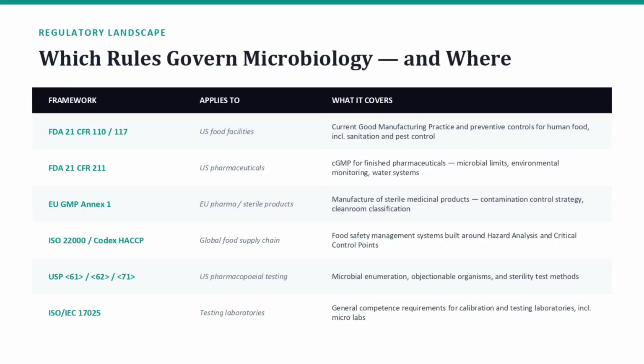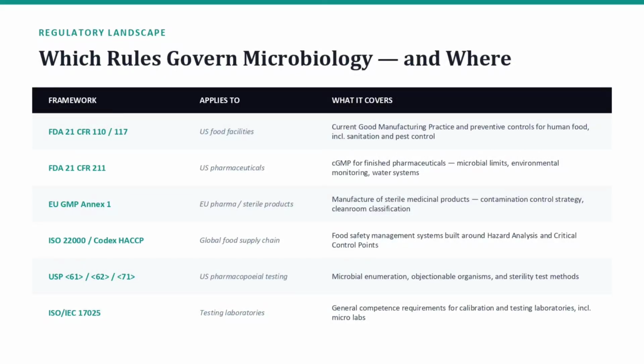EU GMP Annex 1 governs the manufacture of sterile medicinal products in the EU. It covers contamination control strategy and cleanroom classification, and it was significantly revised in recent years to raise expectations around contamination control. ISO 22000 and Codex HACCP apply globally across the food supply chain. These are food safety management systems built around hazard analysis and critical control points, the same HACCP framework you may already have encountered if you work in food.